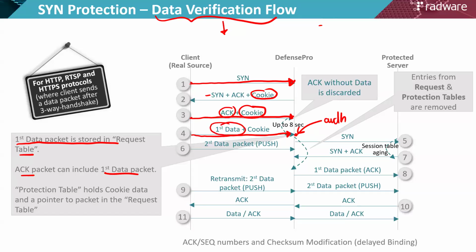This is used to stop empty connection flood kind of attacks, because in an empty connection flood, you establish a connection but do not send the data. So by incorporating this functionality, we wait for the data. Only if the data is received, then we open a backend connection to the server. Otherwise, we simply drop the packet.